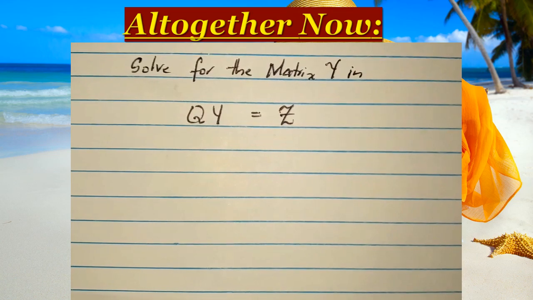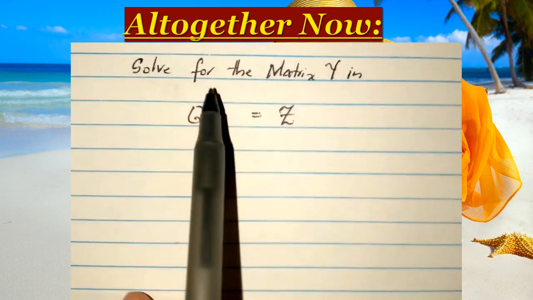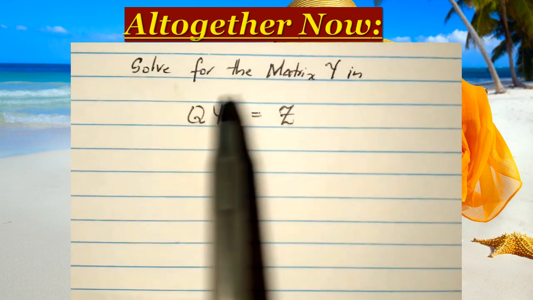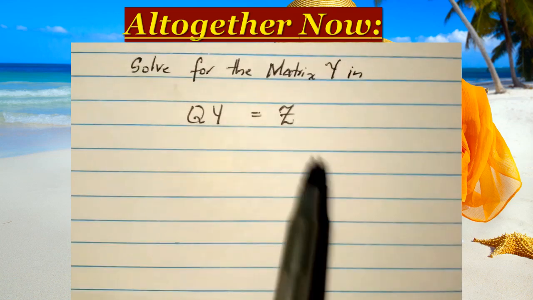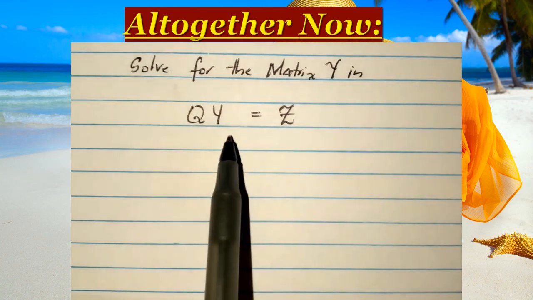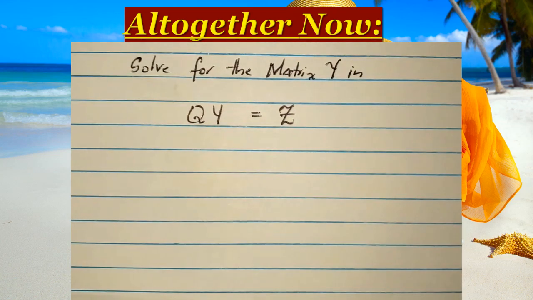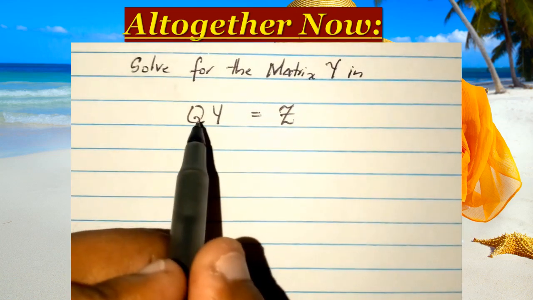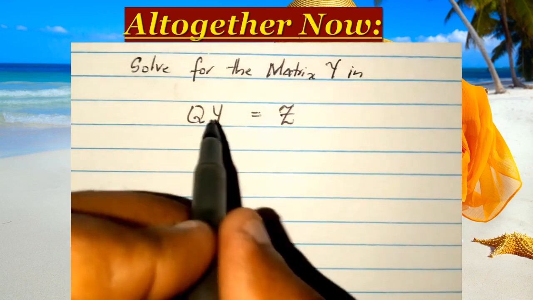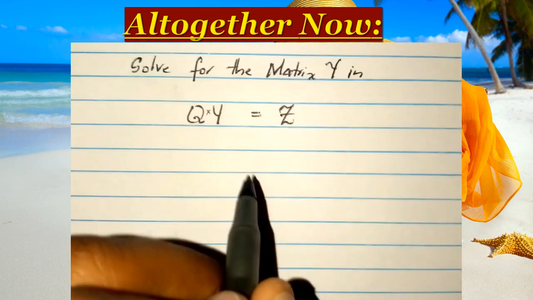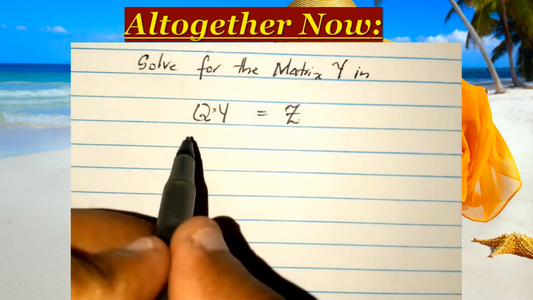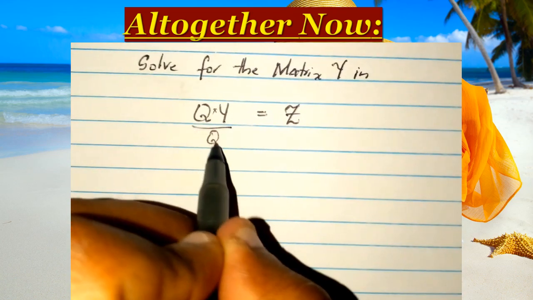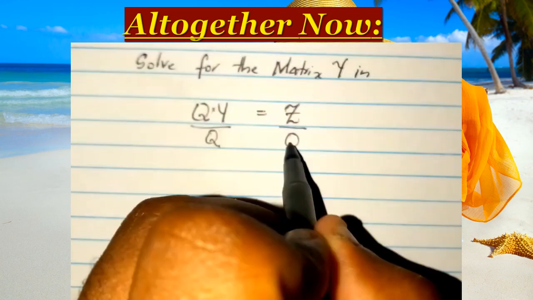Let's try this one. We're asked to solve for the matrix Y in QY = Z. If I want matrix Y to be on its own, I need to remove this multiplication by Q. The opposite of multiplying by Q is dividing by Q, so I'm going to have to divide by Q on both sides of the equation.